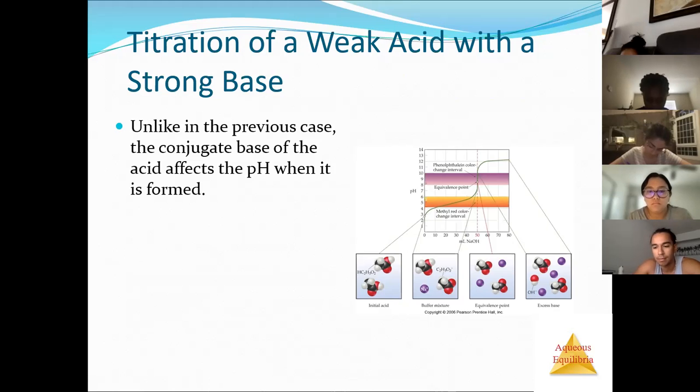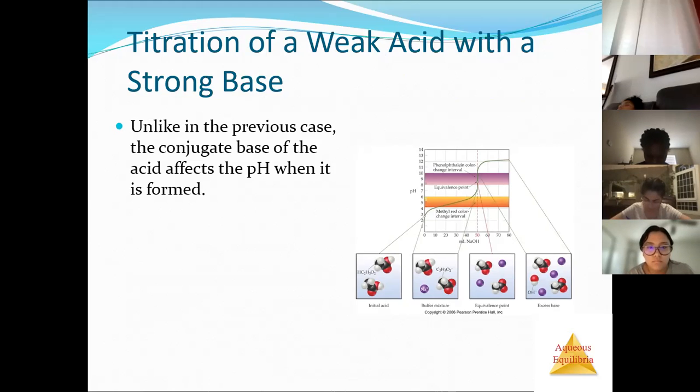It should be leaning more towards the base since you have a bigger amount of the base and the acid is lower. I'm adding the molarity. Say I have 1 molarity weak acid and 1 molarity strong acid.